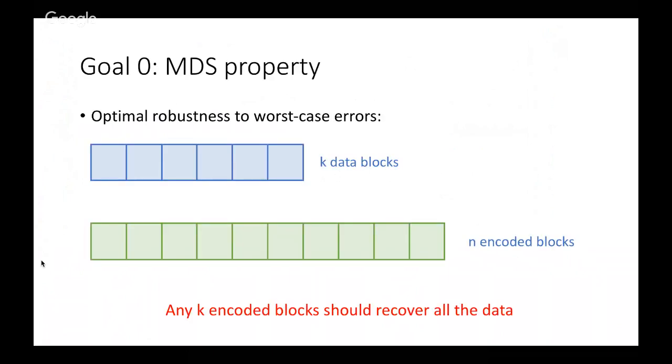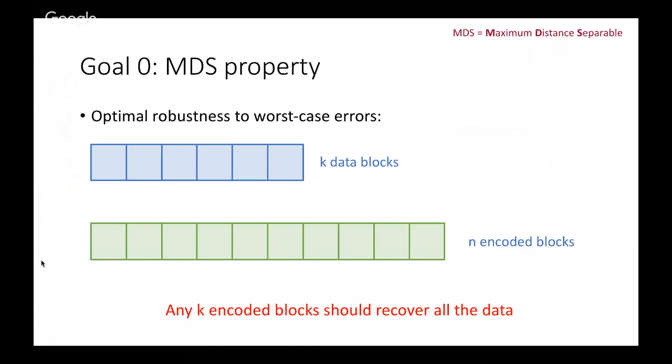Okay, so what do I mean by these two goals? Goal 0, optimal robustness to worst case failures. What I mean by this is the MDS property. MDS, if you haven't seen it before, stands for maximum distance separable. This is just a property of a code, and by code here, I just mean some way of turning my k data blocks into my n encoded blocks.